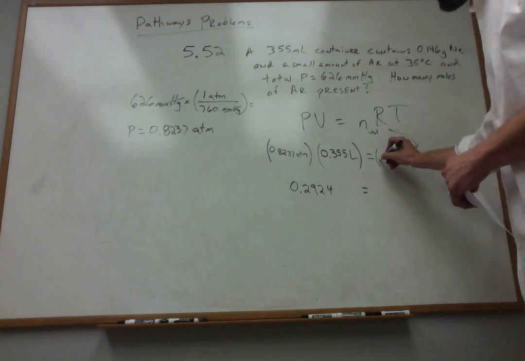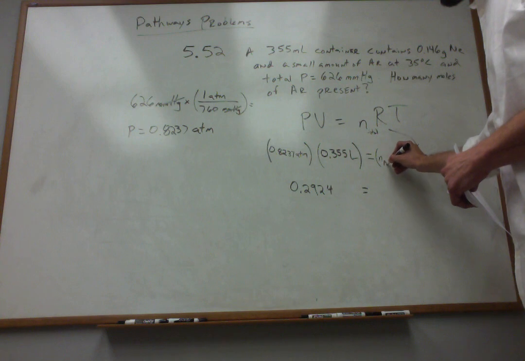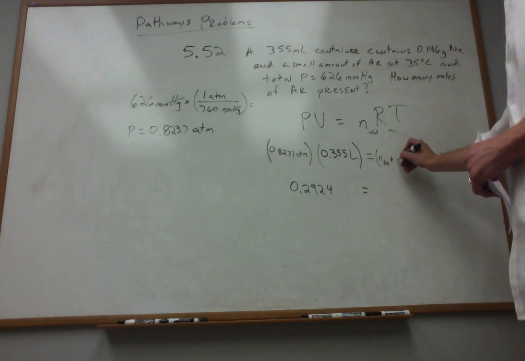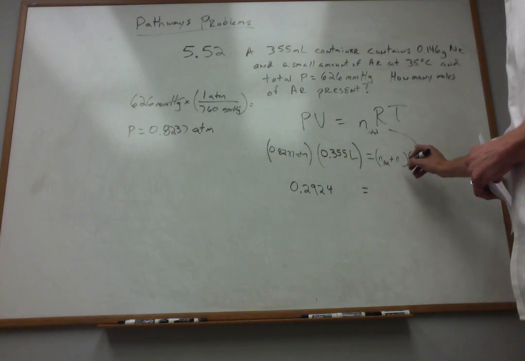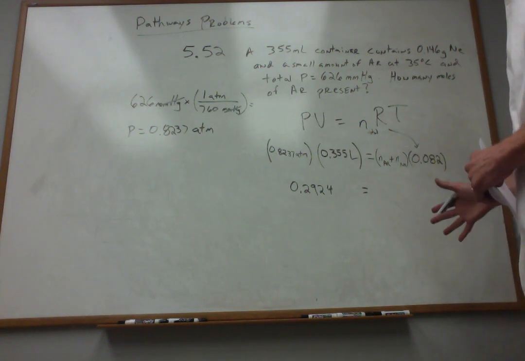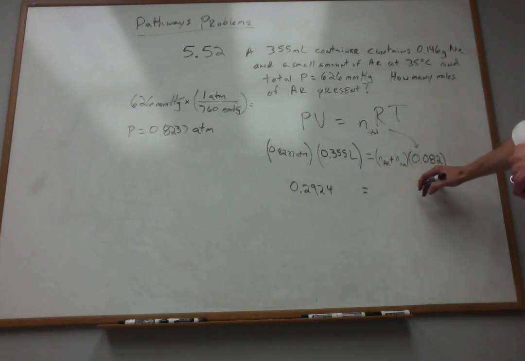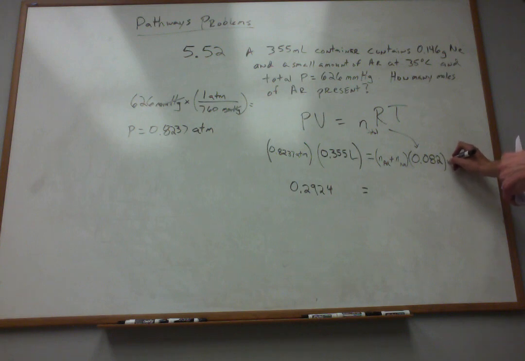I need to add together NAR, which is the number of moles of argon, and to that I need to add the number of moles NE, which is the number of moles of neon. I multiply that sum times the R, the 0.082, and then I'm going to multiply that by T, my Kelvin temperature.